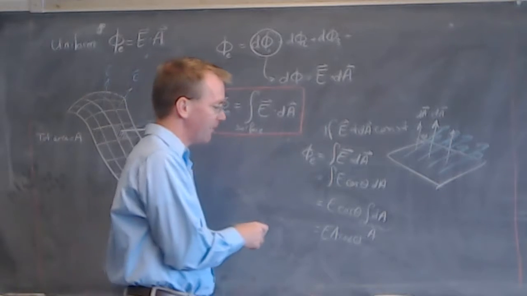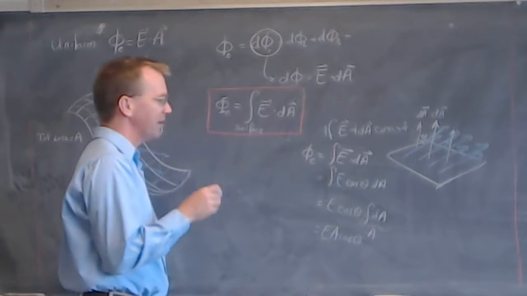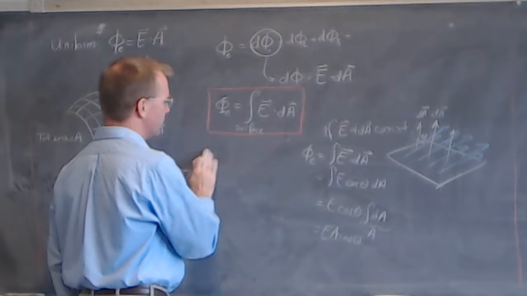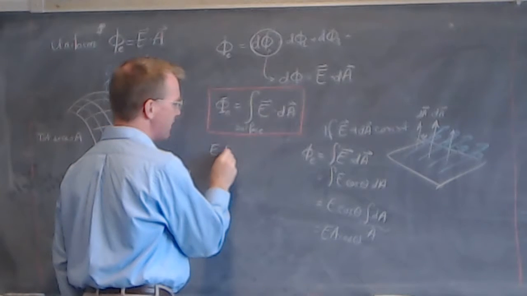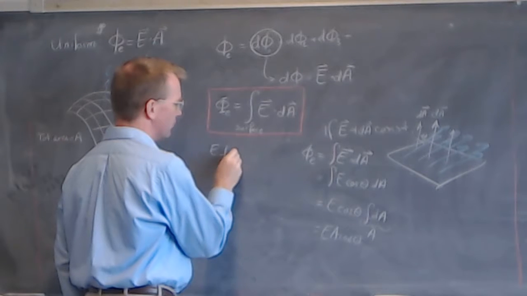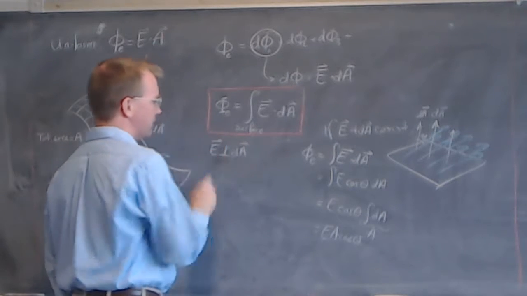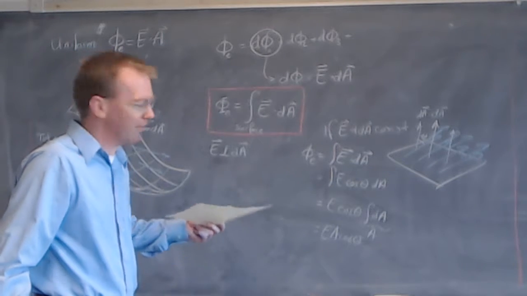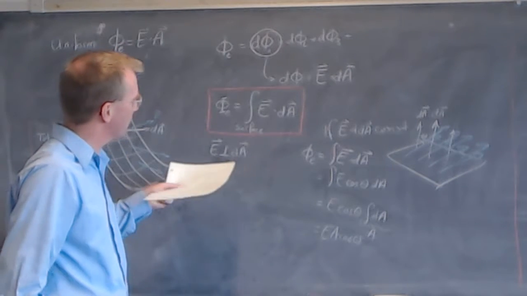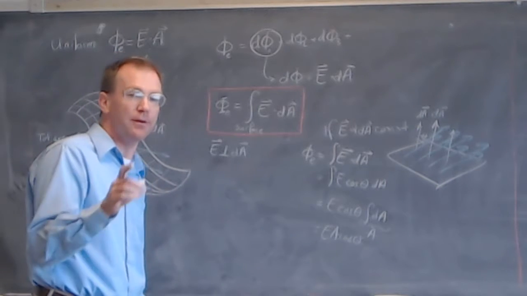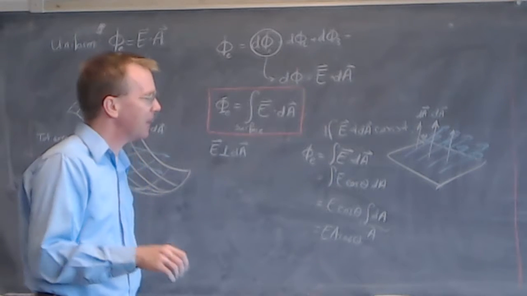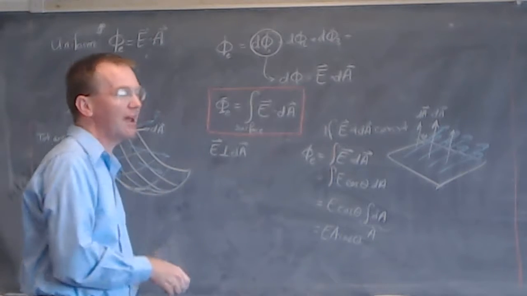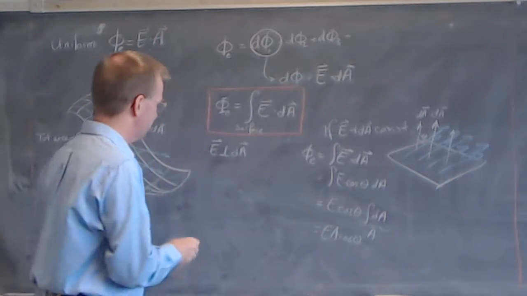Now, using this fact, what if it's uniform and E is perpendicular to dA everywhere? For that matter, it doesn't even have to be uniform, but if it's perpendicular to dA everywhere. Now, not perpendicular to the surface. dA sticks up perpendicular to the surface. So if E is perpendicular to that, it's parallel to the surface.